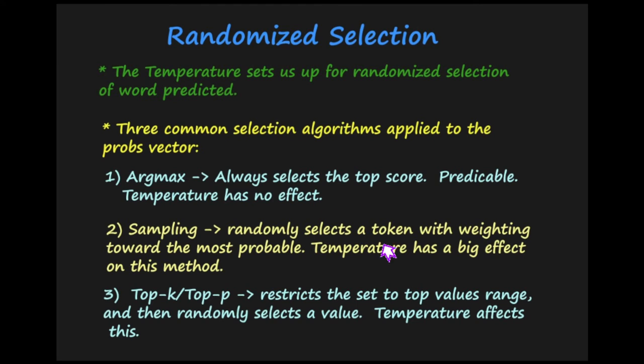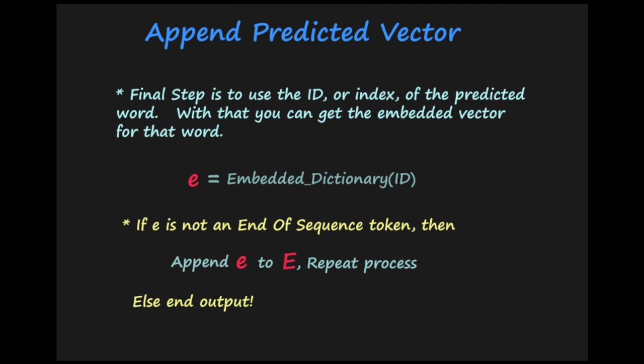Another one is called top K, top P, and this restricts the set of top values to a range, and then randomly selects a value only from that range. Temperature affects this one as well, because it affects what's in that range. Okay, so once you have a word, you've finally predicted a word. This is the word I want.